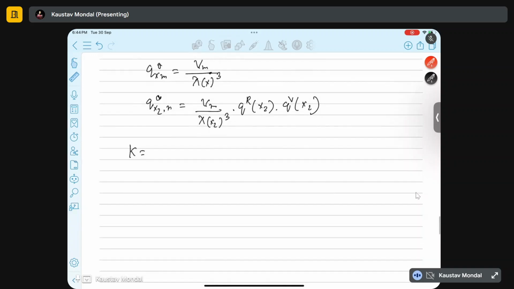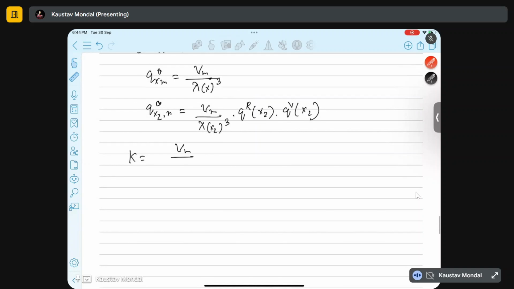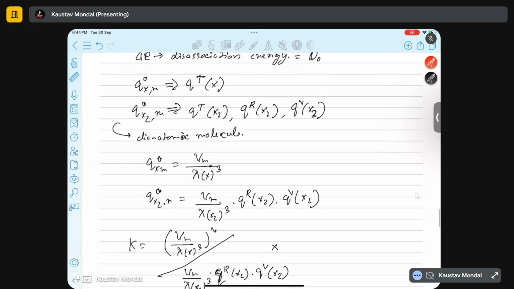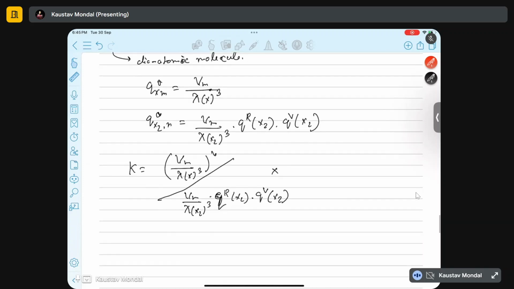So this would become Vm by lambda X cube, the whole thing squared, divided by Vm by lambda X2 cube into qrX2 qvX2, that is into e to the power minus D0 by RT.